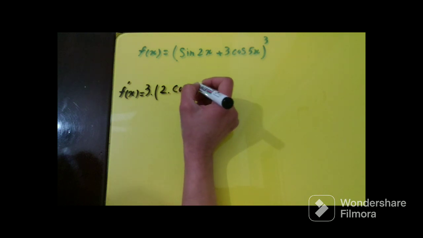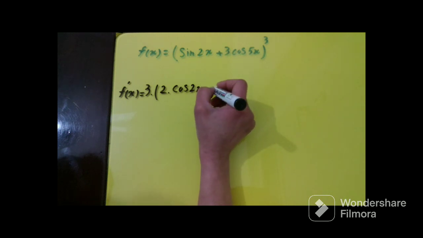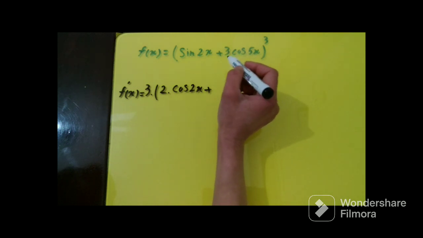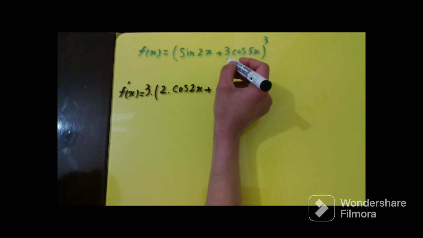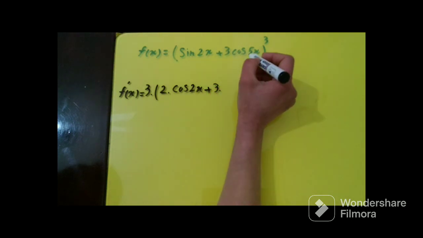So it's cosine 2x plus. For this term, you should keep the coefficient 3 times. The derivative for this term is the coefficient.